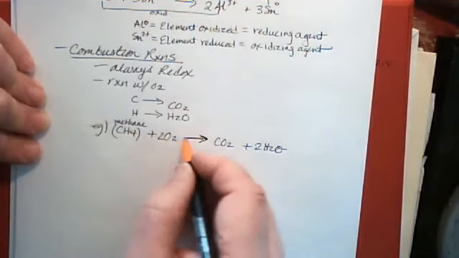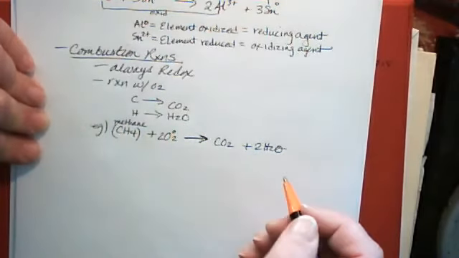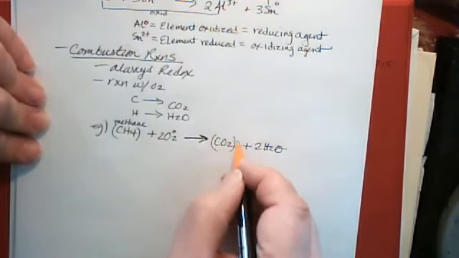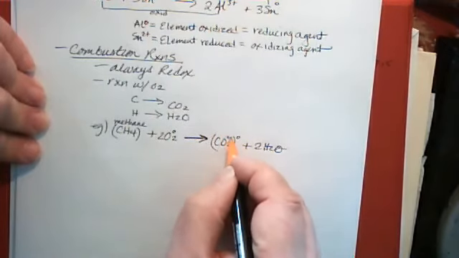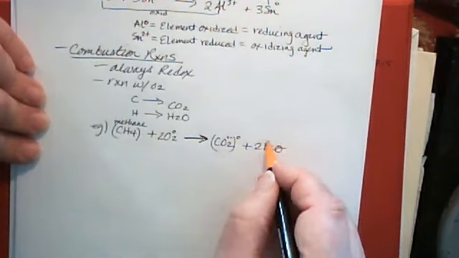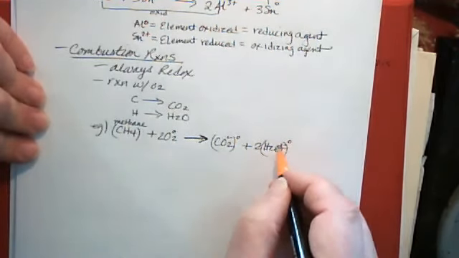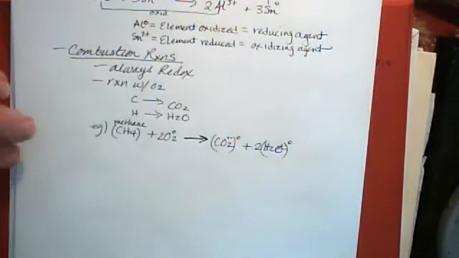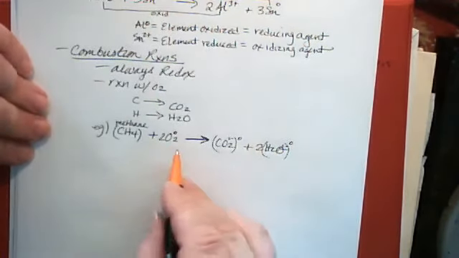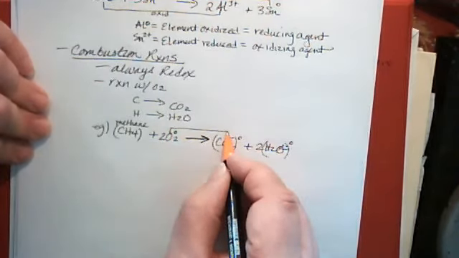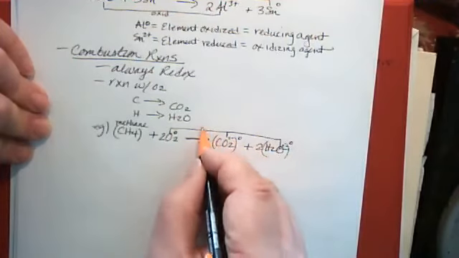We have oxygen with 0 oxidation state going to oxygen in the products, which in any compound, oxygen will have a charge of -2, except with fluorine. And so oxygen 0 going to oxygen -2 would be a reduction.